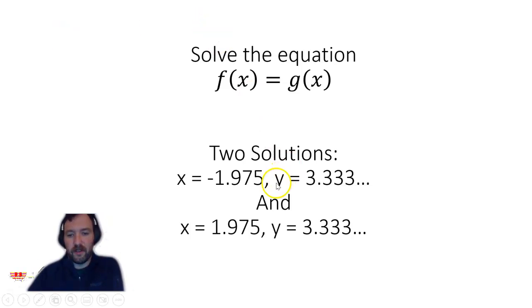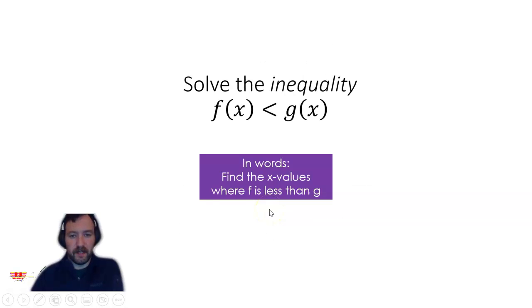I also recorded the y values, the outputs. They were both 3.3 repeating. So when you plug in x equals negative 1.975, f gives you out 3.3 repeating, and so does g. Or if you plug in the positive 1.975 into f and g, you get out 3.3 repeating.